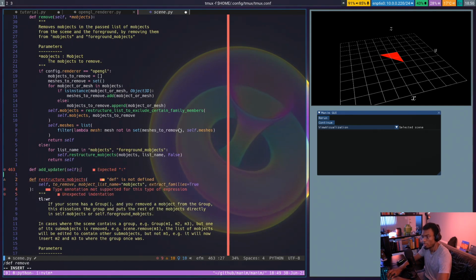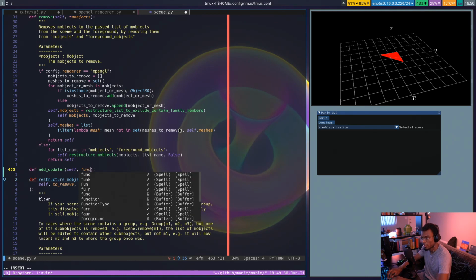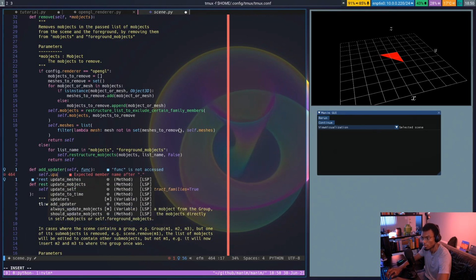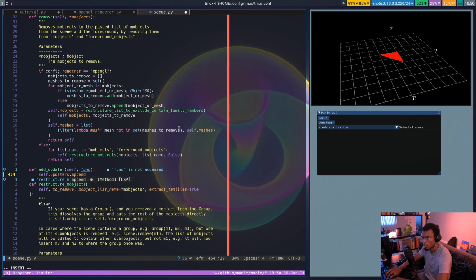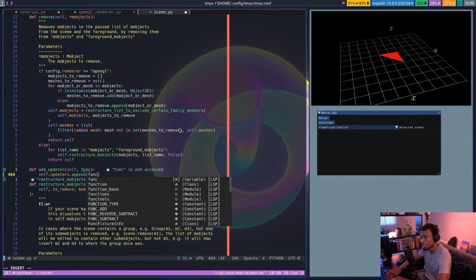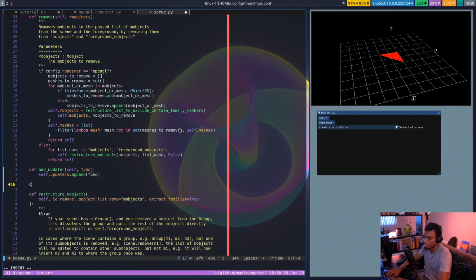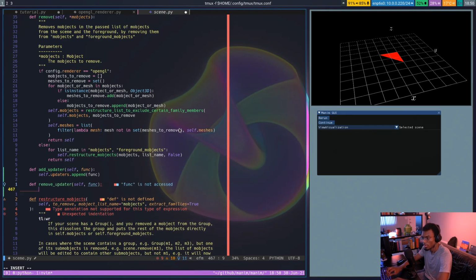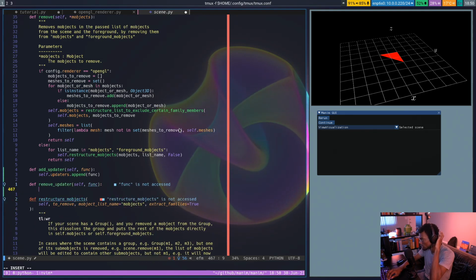Although I'm not huge on even doing this function because it doesn't do that much. But now that I think of it, you'll want something like a remove updater too. And actually, how do I even compare functions?